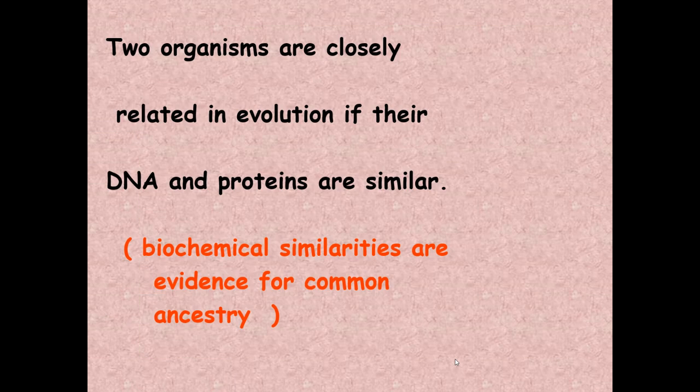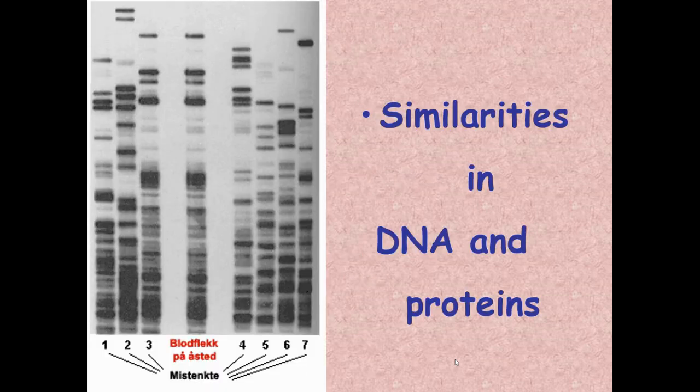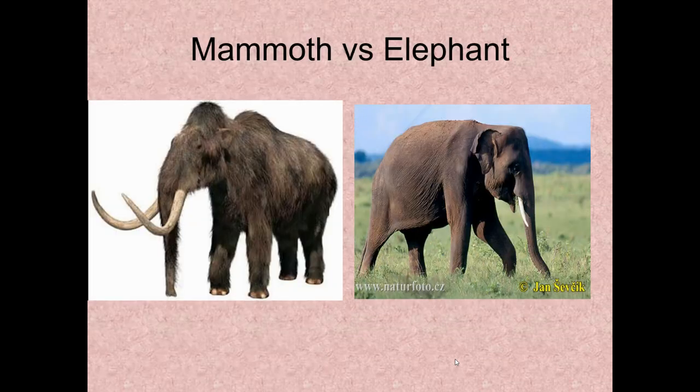So if two organisms are closely related in their evolution, in their DNA, in their proteins, so we say they have biological similarities, they have a common ancestor. So we talked about DNA. This is one way that we could look at DNA. Kind of interesting. You might have got a taste of it with the New York State Biodiversity Lab that we did online. And we could look at the mammoth and the elephant, see how they're similar and how they're different.